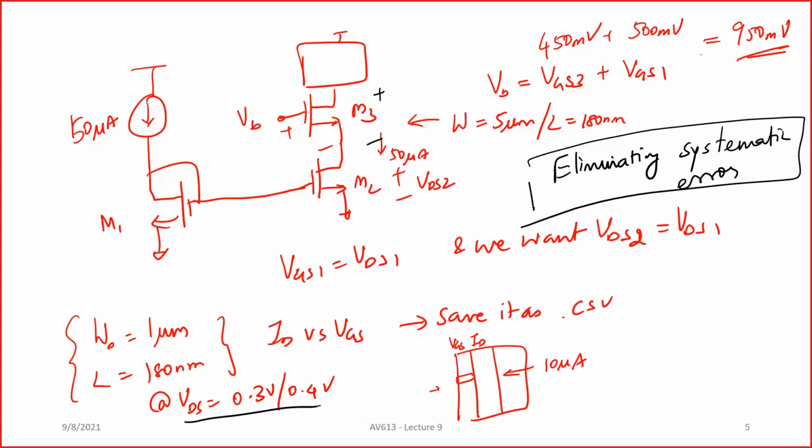You'll find a large delta. But typically, from experience, you'll budget the VDS to be around 0.3, 0.4, and not more than that. So yes, a little bit of change will be there. We will also look at low voltage cascodes and other things. We'll come to that. But to a large extent, it will hold true.